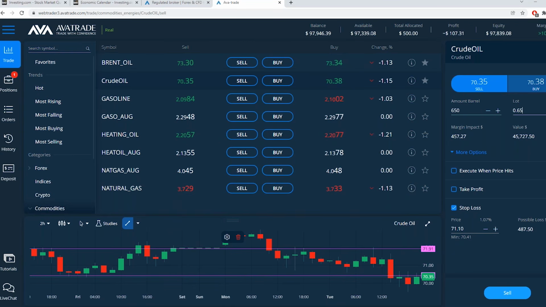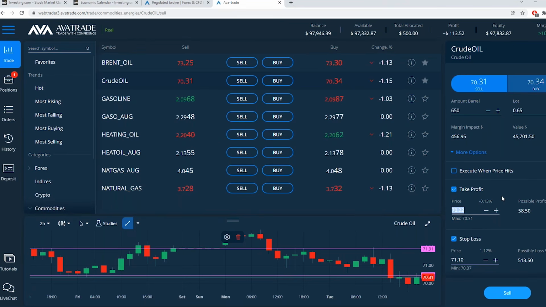So it's up to me. Do I want to risk just under, just over? Let's go 0.66. And now the price went our way, it's bouncing around, isn't it? I'm risking 514 now from that price. So 0.65, that's about 500 risk. Take profit, I can just say, okay, I'm gonna go $2.50 down.